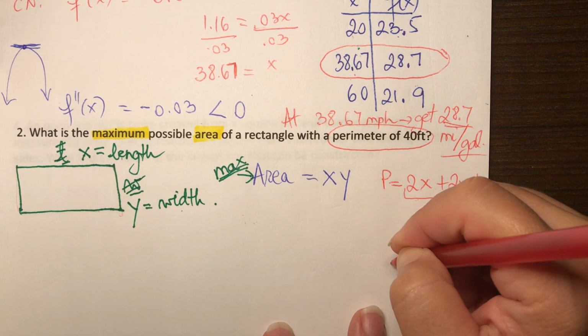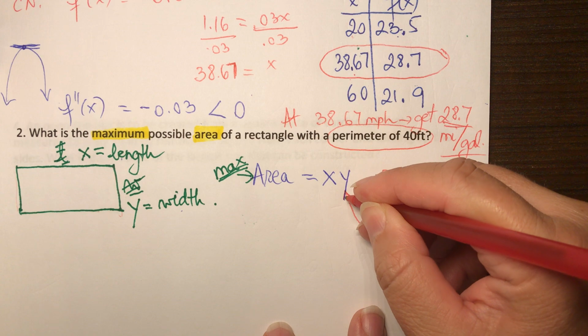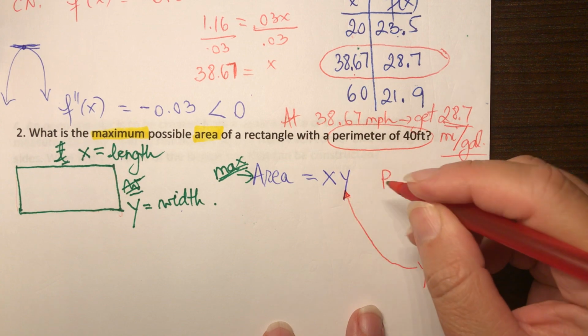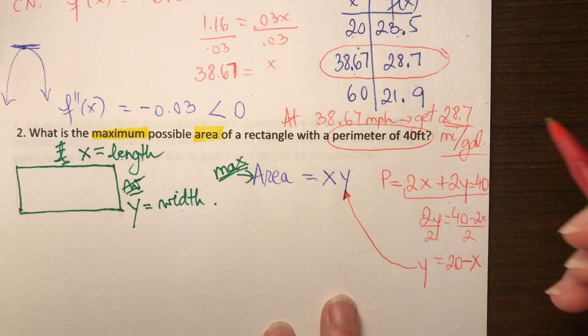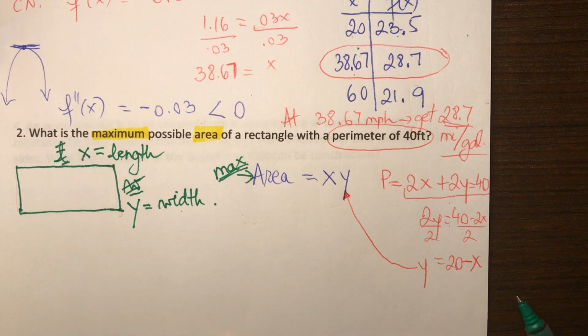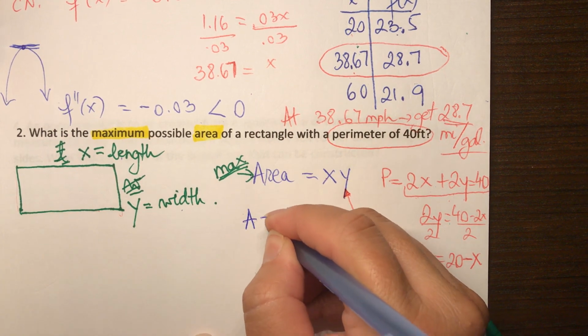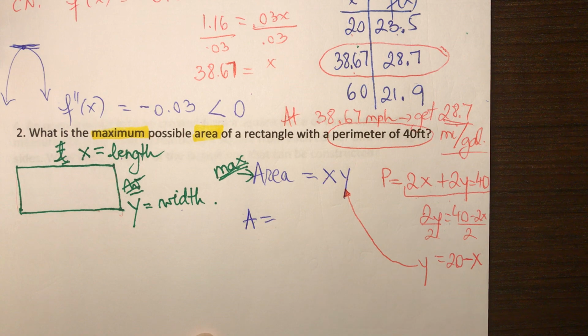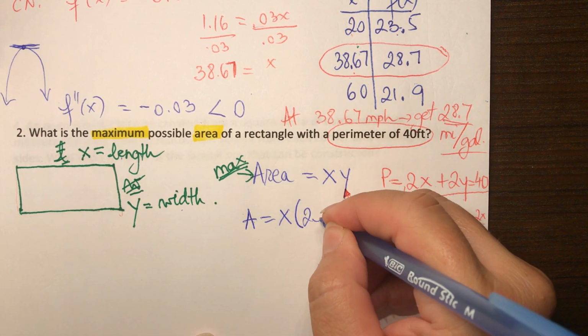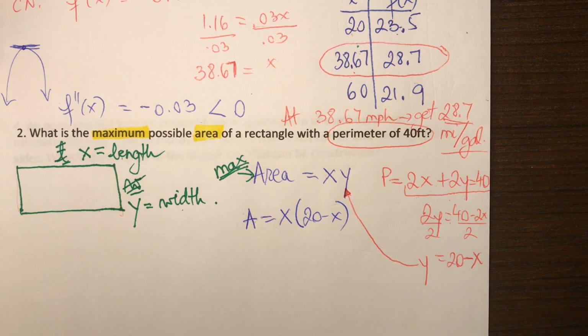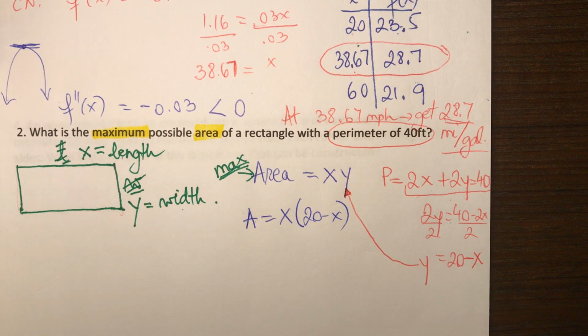Why did I do that? Because now I don't know what to do with 2 variables. But if I could solve one in terms of the other, then look at that. What is the area going to equal? I'm going to call it A, by the way. It is x times, instead of y, what can I write? Well, 20 minus x. I know a condition about this x and the y, so this has to be satisfied.